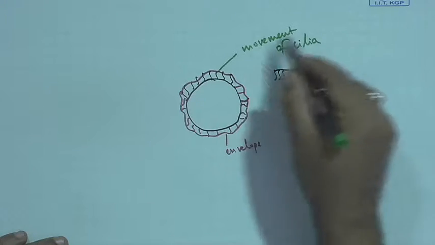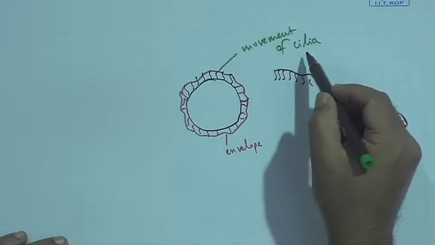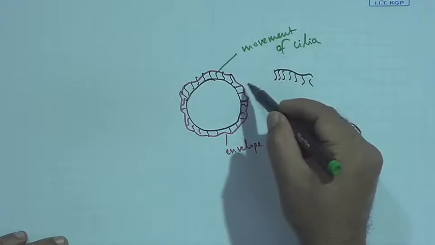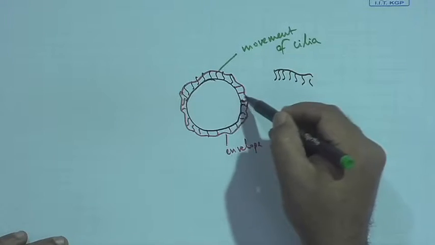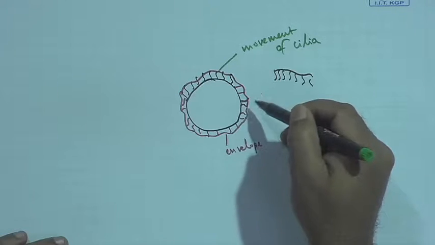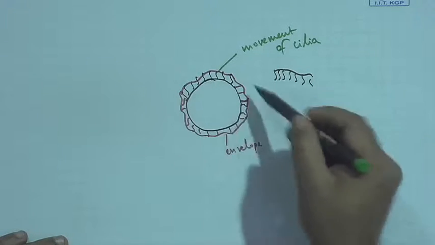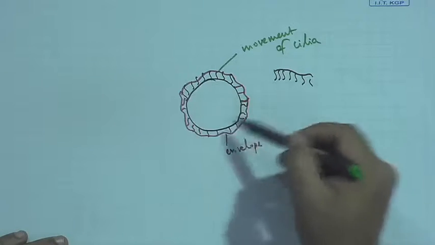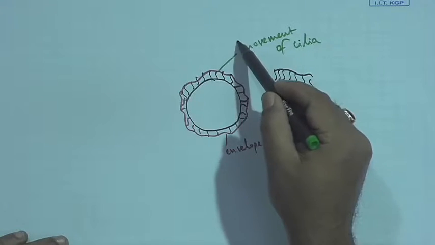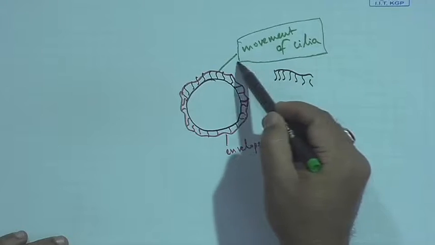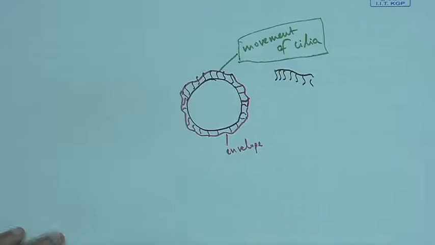So, this we have to simulate, and this movement of cilia is a surface activity. Okay. So, what we are trying to do in this envelope model is some surface velocity is given, which is simulating this. Okay. So, that is the main aim of the envelope model.